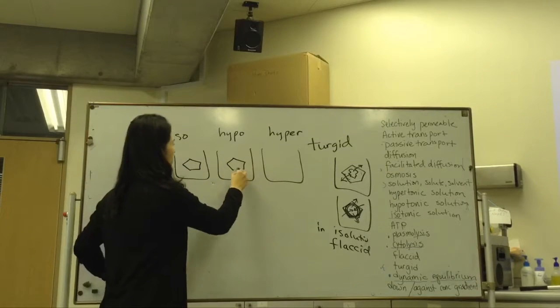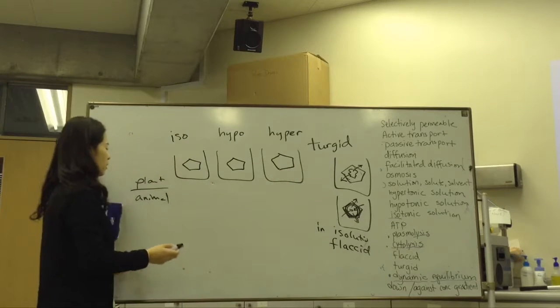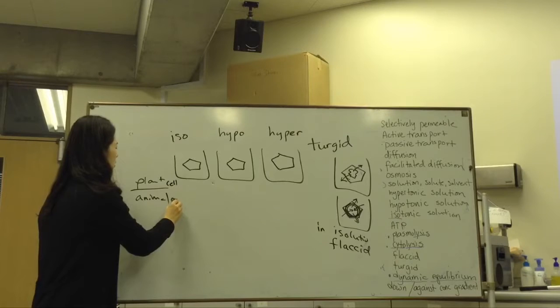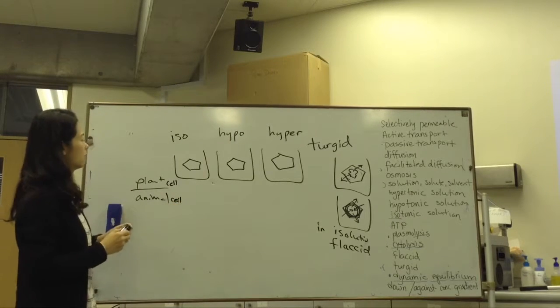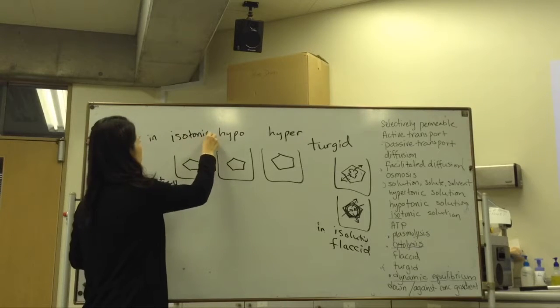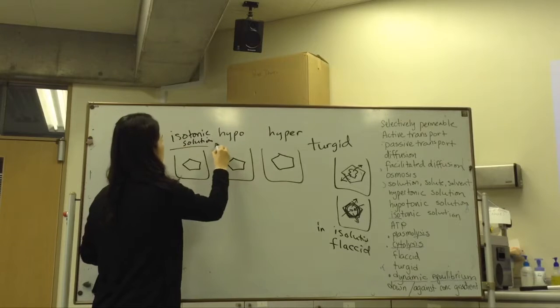Why don't you make a chart in your notebook and first write what will happen to plant cell, animal cell, in isotonic solution, in hypotonic solution.